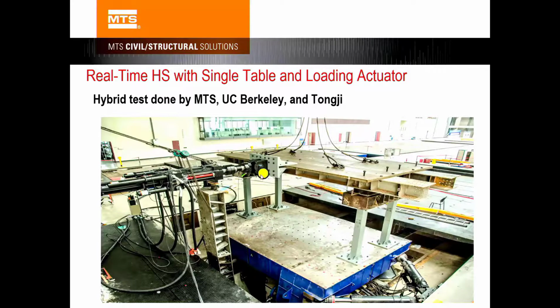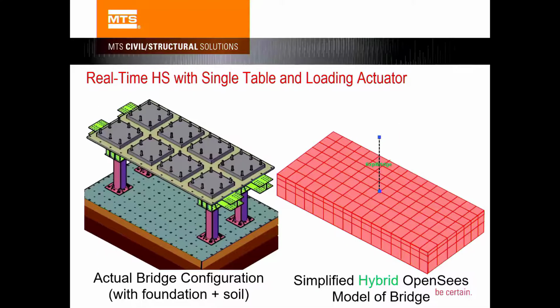The inertial force due to the weight was provided by the analysis model, sent to this actuator, and applied in real time. So the numerical substructure includes the foundation and the weight on top, and everything in the middle is the experimental element tested in the lab.